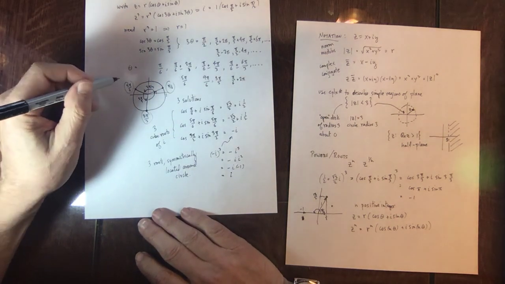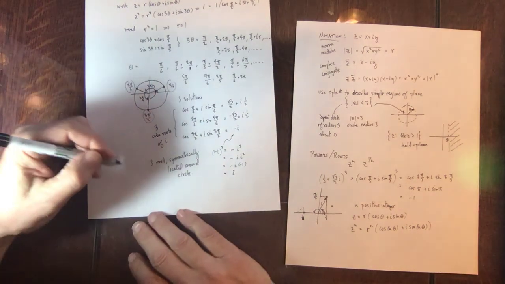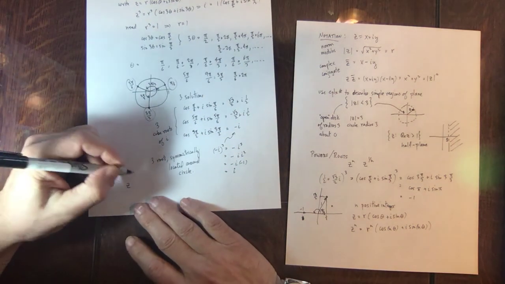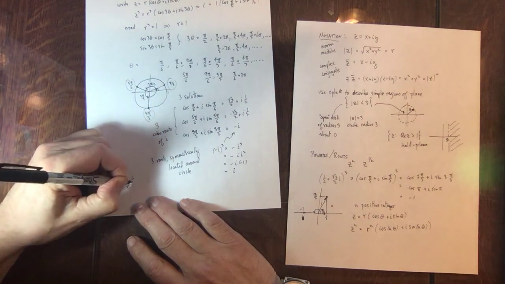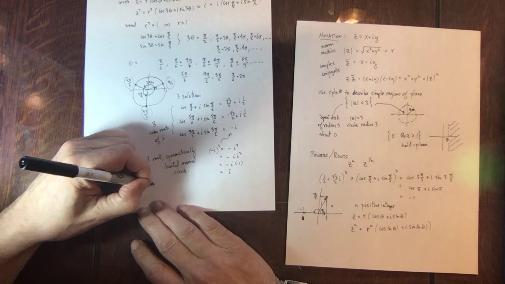So this example basically is a model for looking at any root. So anytime you have some number and you want the nth root, you follow the same procedure.